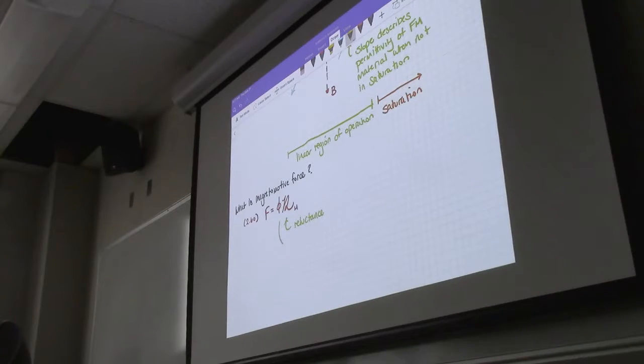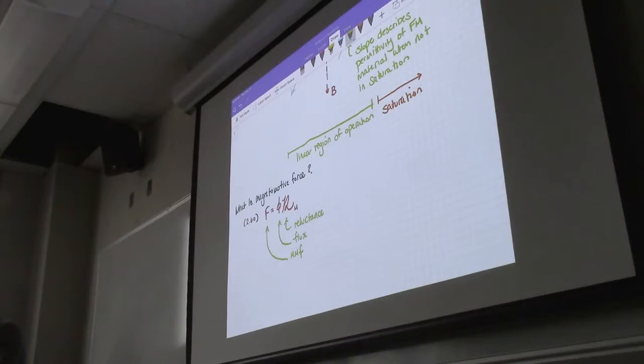This is our flux. And this is our MMF, magnetomotive force. Is that a mu or an M? It's an M.